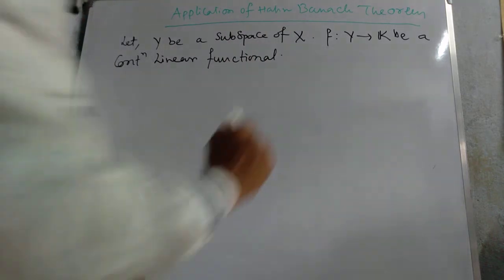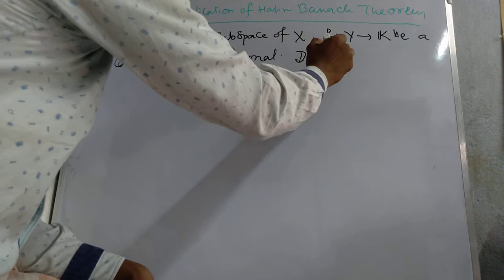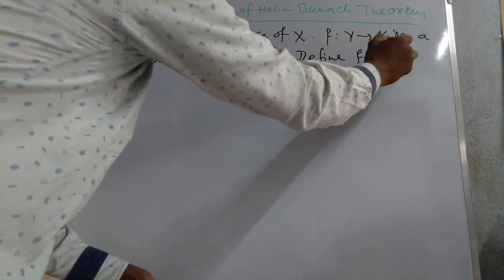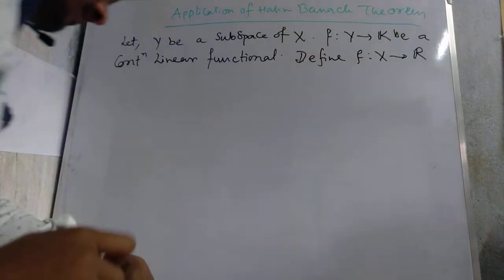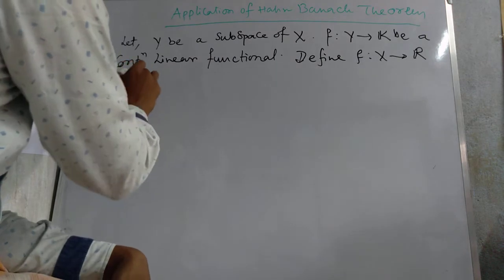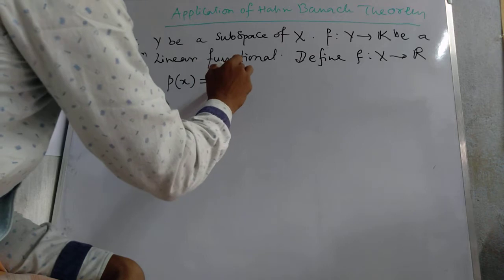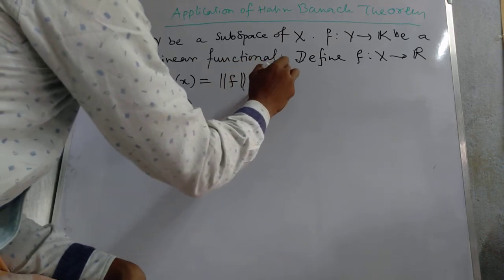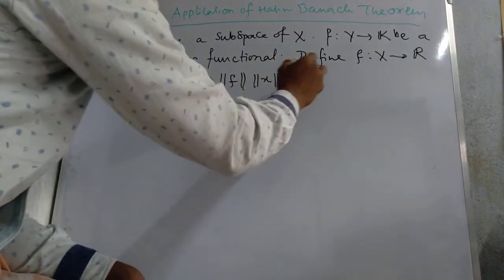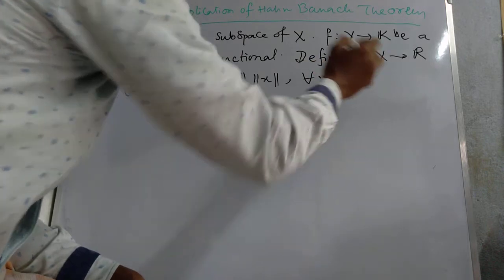Then define p: X to R by p(x) equal to norm of f times norm of x for all x belonging to X.